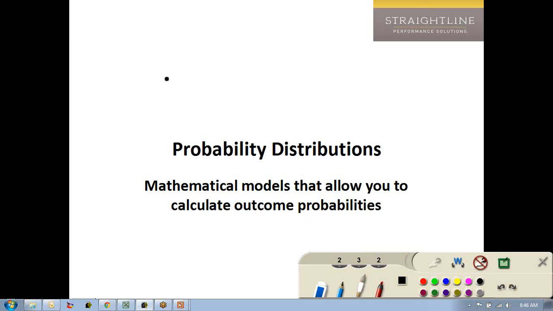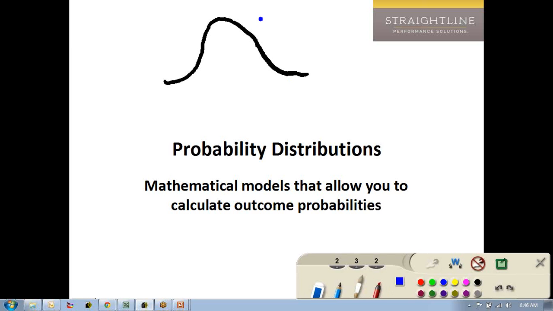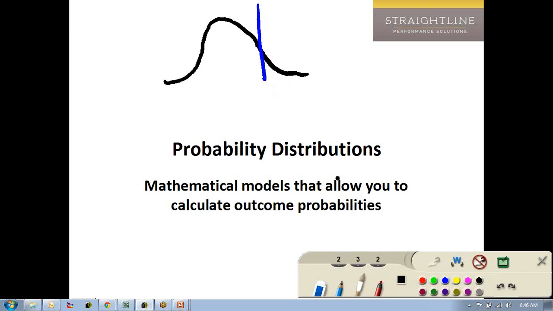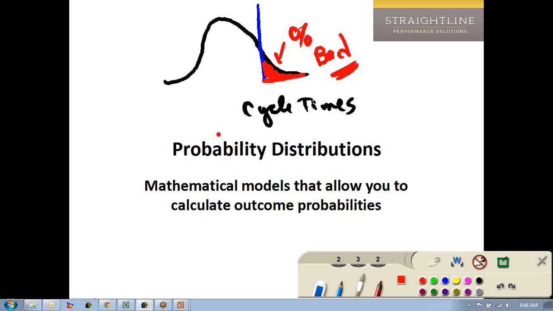If we look at a process that looks something like that, with a customer spec of, say, here, and say these are cycle times or delivery times or turnaround times, whatever is right in your vernacular, what we're really interested in is how do we estimate that area that's percent bad? Or, for glass half full people, the percent on the other side. That's really what we're talking about with capability.